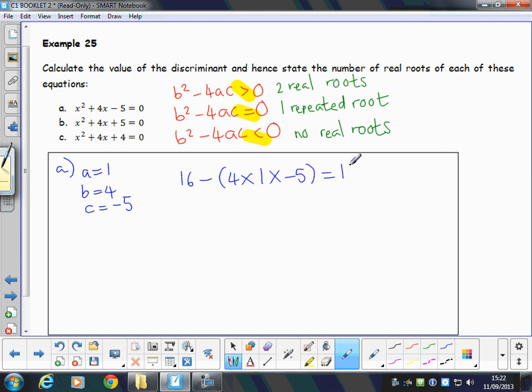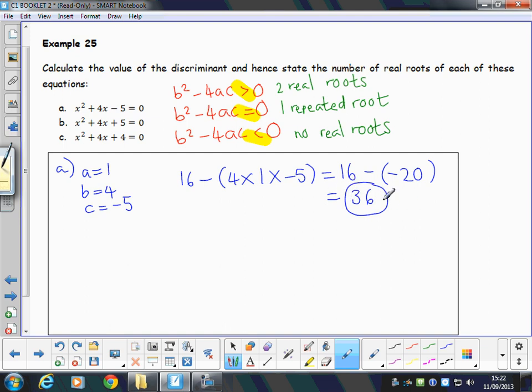So this is going to be 16 minus minus 20. Two minuses will give me a plus, so we'll get 16 plus 20, so that's 36. That is the value for the discriminant.